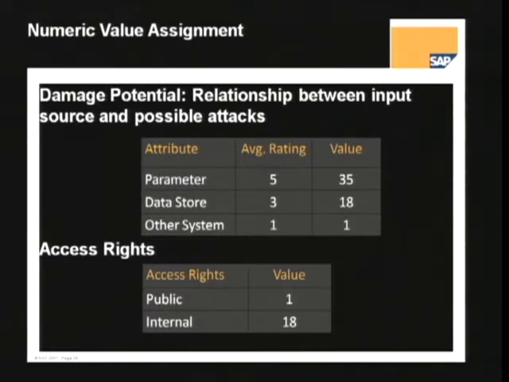So what we did, we looked at the threat modeling which has been done in the context of the SAP service, and we tried to understand what kind of attacks are possible in this kind of applications. And we found that parameters, for example, are extremely important.